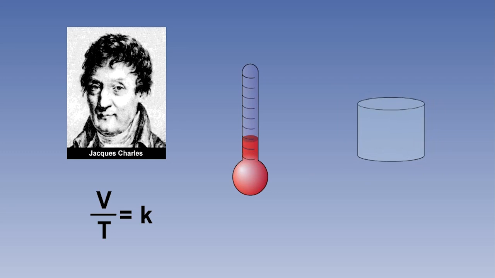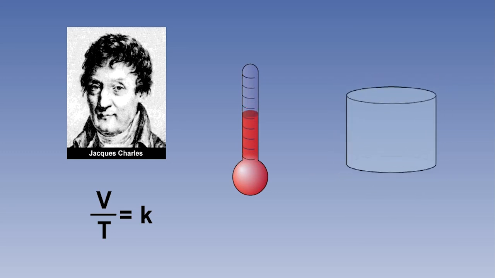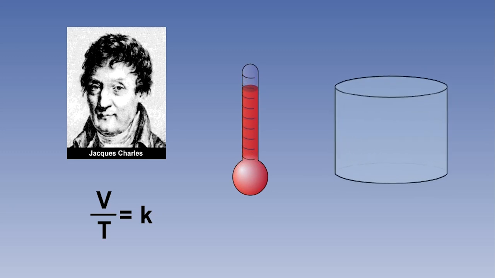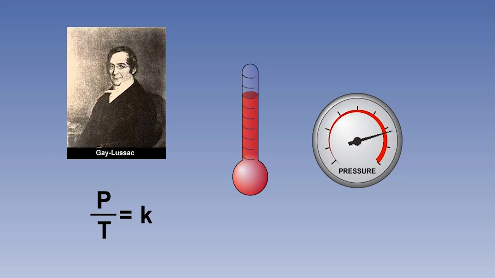Charles's law states that volume and temperature are directly proportional to each other, as long as pressure is constant. Finally, Gay-Lussac's law introduces a direct proportionality between temperature and pressure, as long as it is at a constant volume.